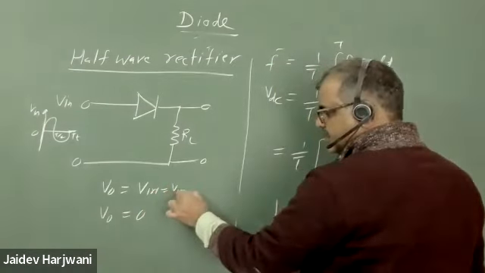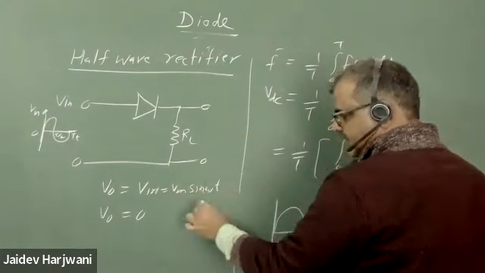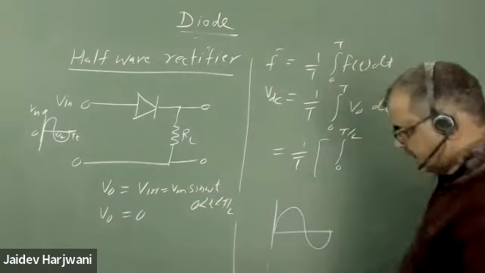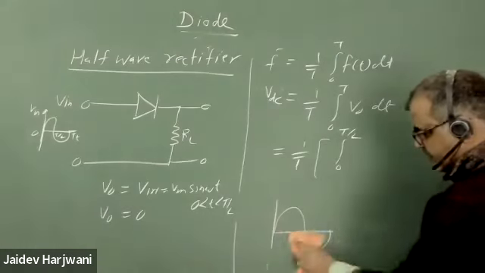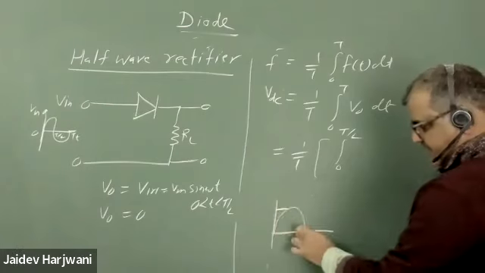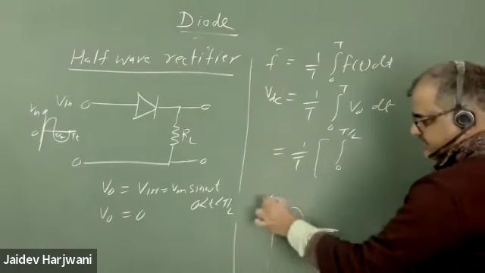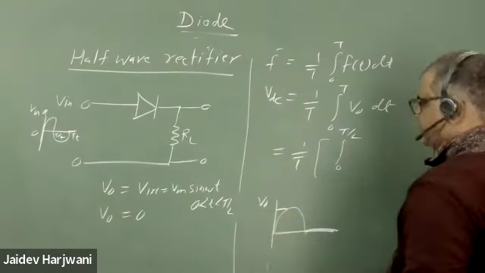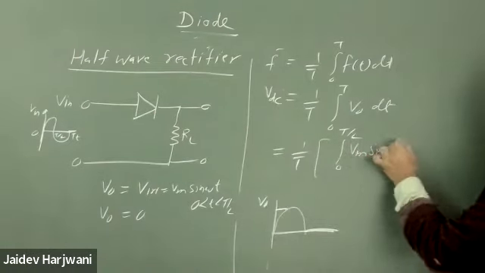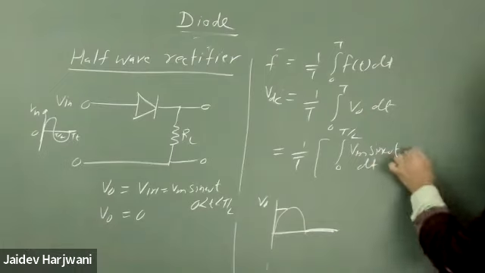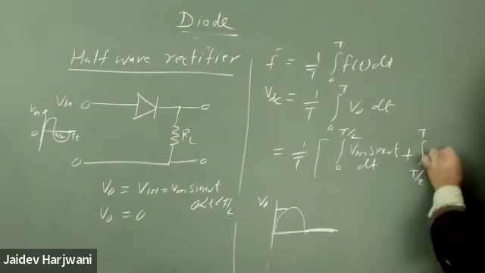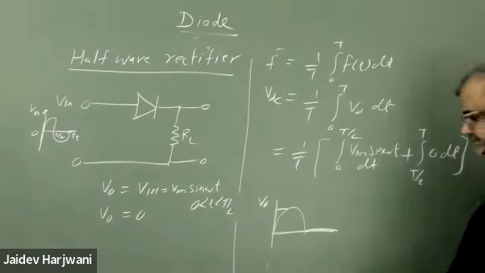So in this period I have a sine wave, and here I have 0, and this is my V output. So I can write Vm sin omega t dt from 0 to T by 2, and from T by 2 to T I have 0 output, so I write 0 dt.